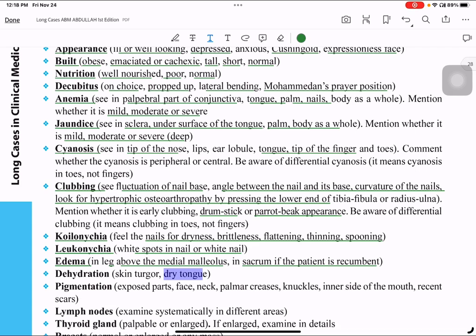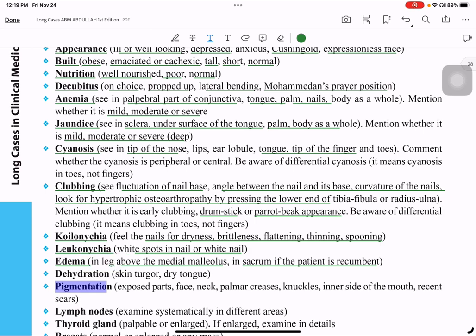Is there low blood pressure, or tachycardia with scanty urine? Low urine output may indicate dehydration in a setting of vomiting, diarrhea, or low water intake. So dehydration must be corrected as soon as possible. So we must look for dehydration.